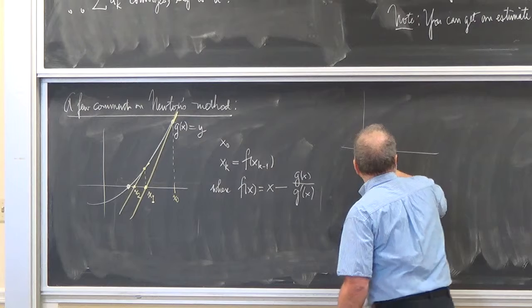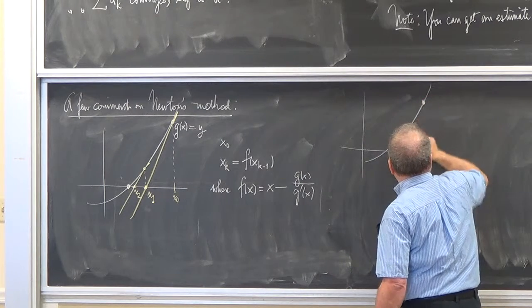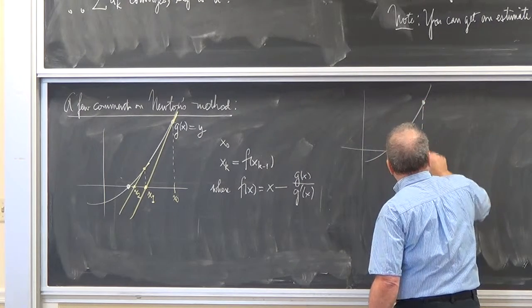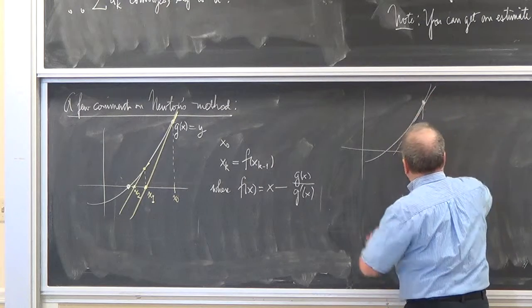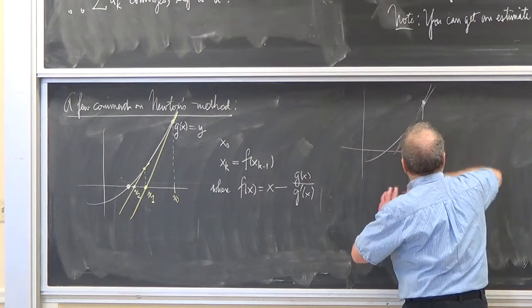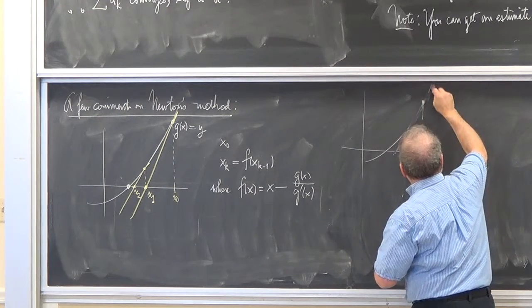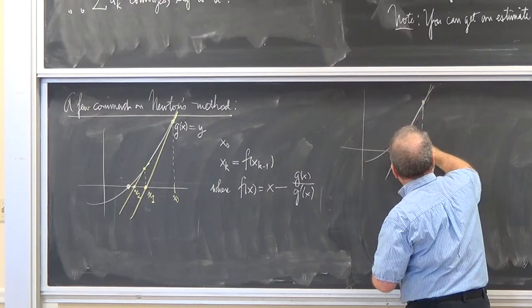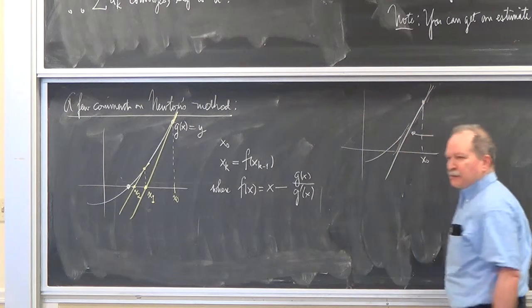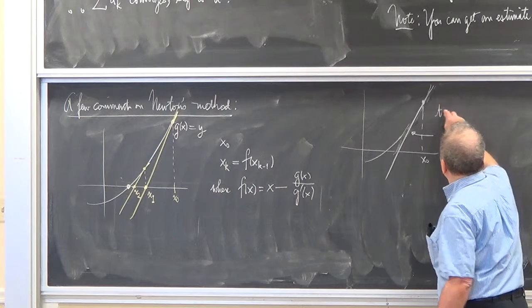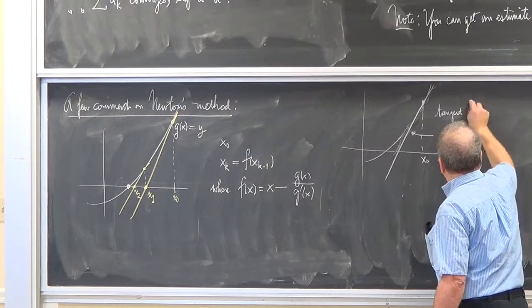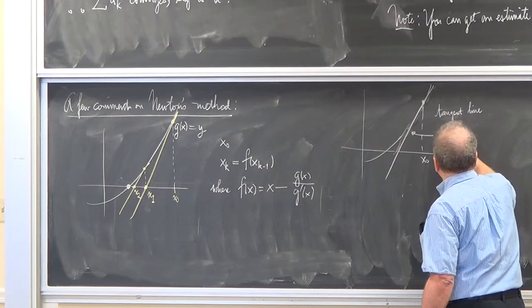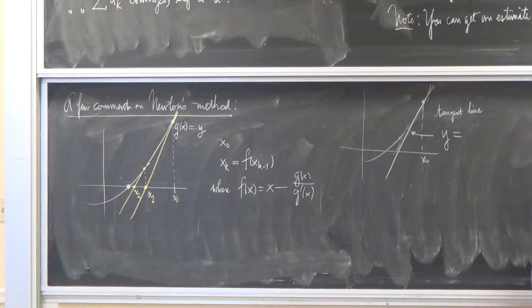Here you are at a point, let's say you're at a point x naught, and you draw the tangent line, poorly. Okay, what's the equation of the tangent line? y equals slope times x plus y naught.